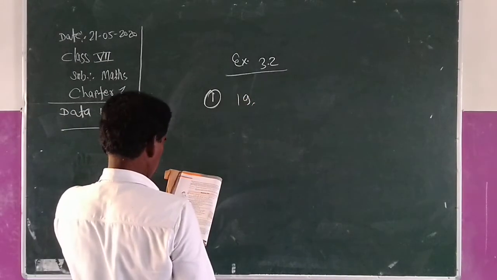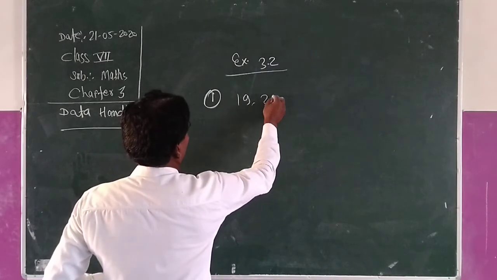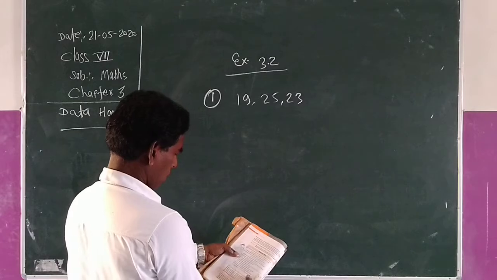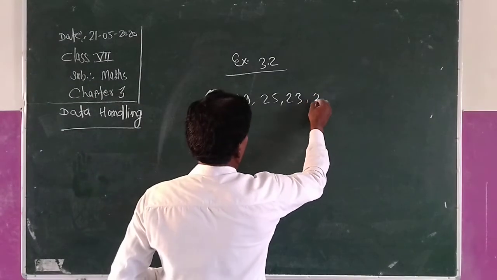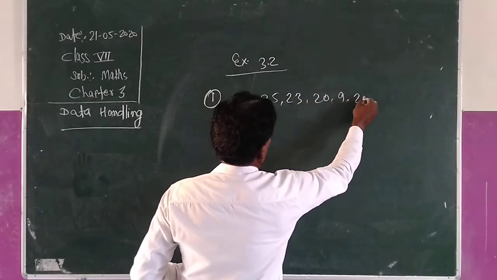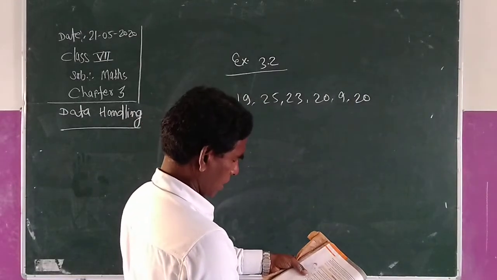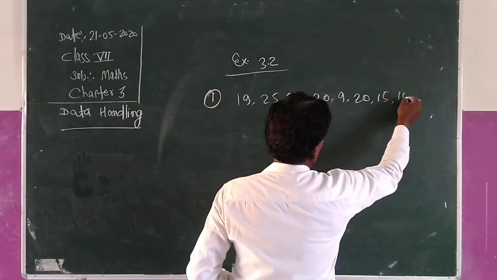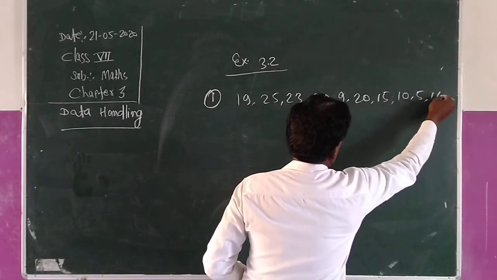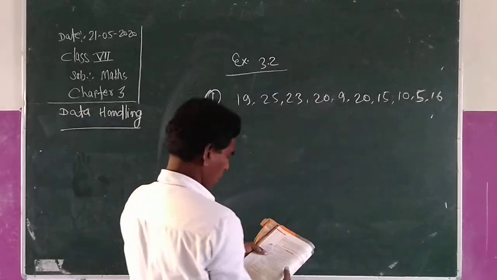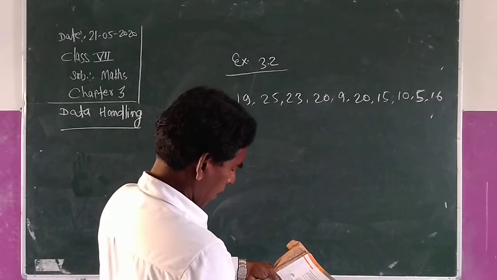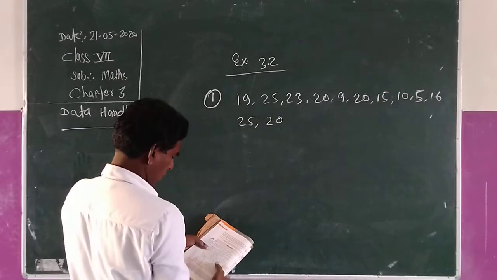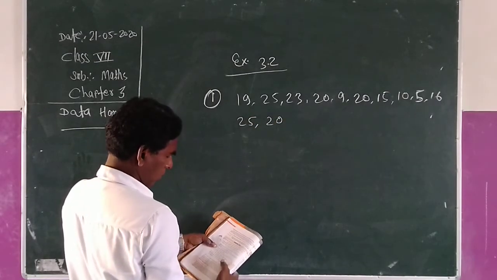19, 25, 23, 25, 23, 29, 20, 15, 10, 5, 16, 25, 20, 24, 12.